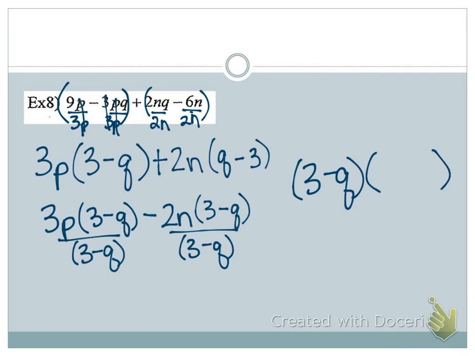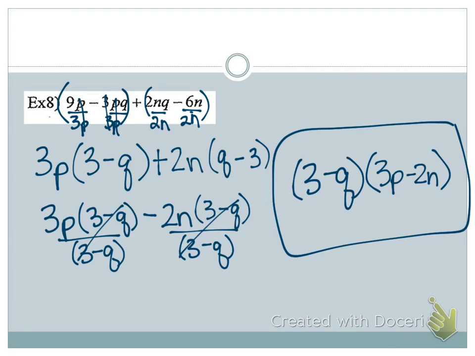Somebody other than Keon needs to know. Kion. Is it 3p minus 2? Beautiful. 3p minus 2n. It's whatever's left over after we divide out that set of parentheses that matched. So the 3p minus 2n. Final answer is over there.